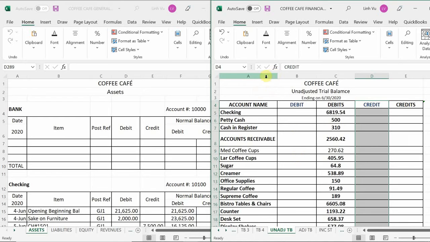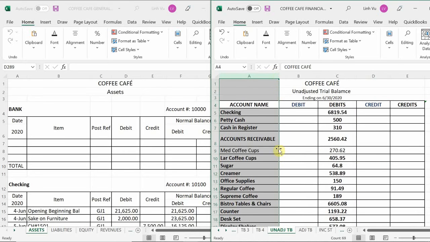Okay. And now I'm going to start inserting one at a time and placing them in there while making my main accounts visible.